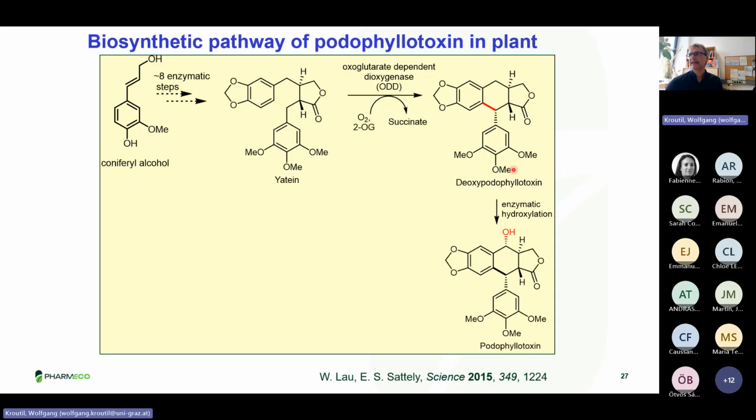And then there is another step, an enzymatic hydroxylation. So maybe this reaction, the CC bond formation, caught our attention, and we thought maybe we can shortcut that. I will show you that we will then use a substrate where the hydroxy is already there, because that was easier to synthesize.